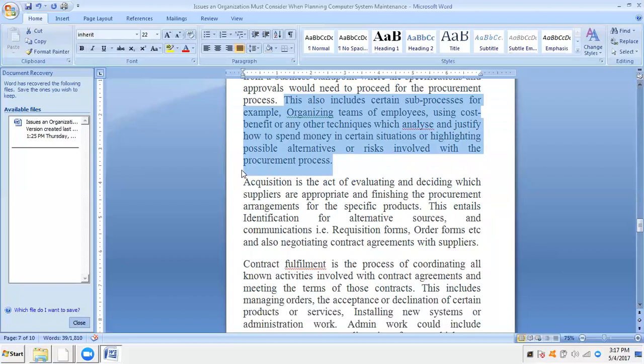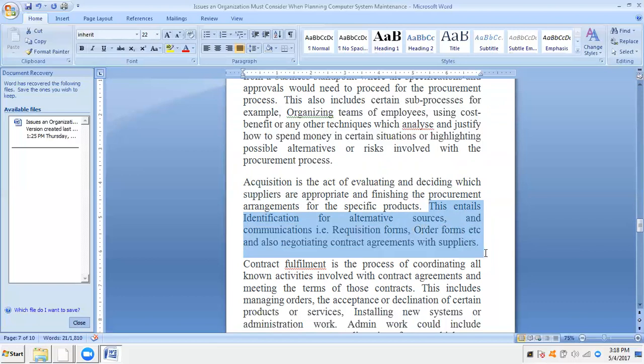Next, acquisition is the act of evaluating and deciding which suppliers are appropriate and finishing the procurement arrangement for specific products. This entails identification of alternative sources and communication. It means requisition forms, order forms, and also negotiating the contract agreement with the supplier. We should first find out the equipment. We should take quotations from various vendors.